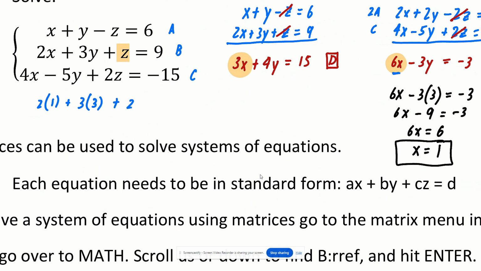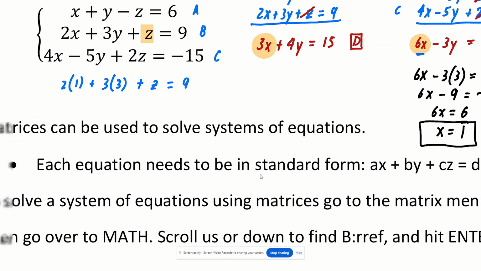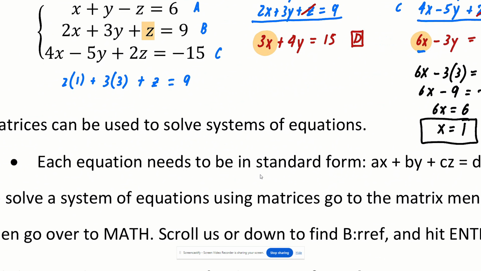plus z equals 9. Now, what is 2 times 1? That's 2. What's 3 times 3? That's 9, right? So 2 plus 9 is 11, plus z equals 9. So the last thing I'm going to do to get z alone is subtract 11. 9 minus 11 is negative 2.